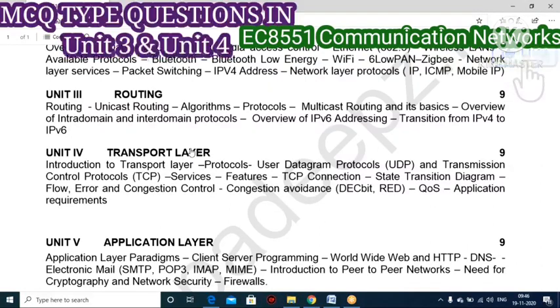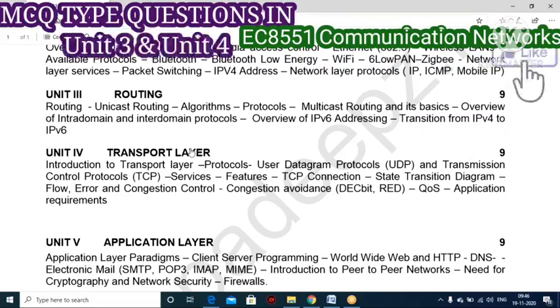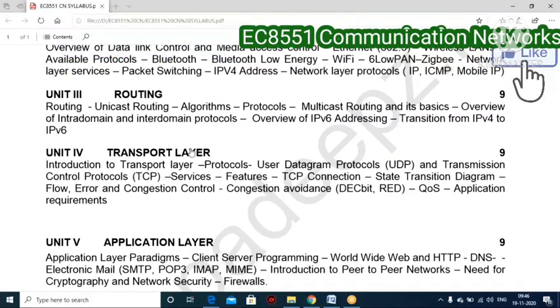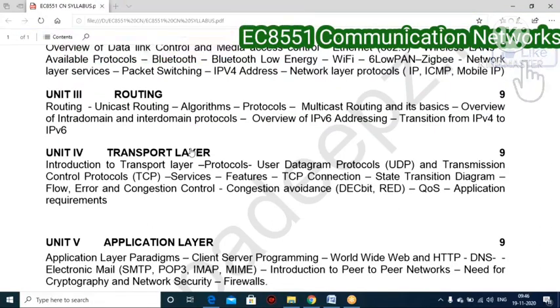So first you should draw one classification chart. First thing, you put routing at the top of your page, and from routing you have to classify it into two types. One is static routing, another one is dynamic routing. Under the dynamic routing, again you have to classify into two types.